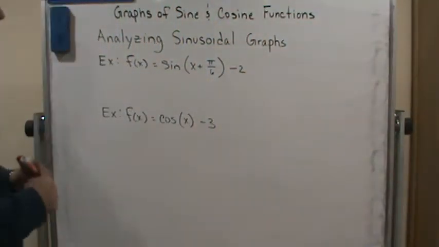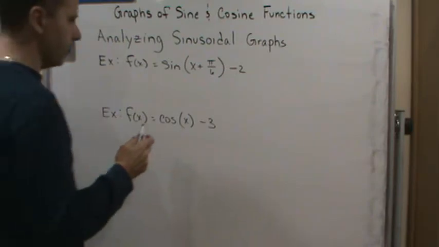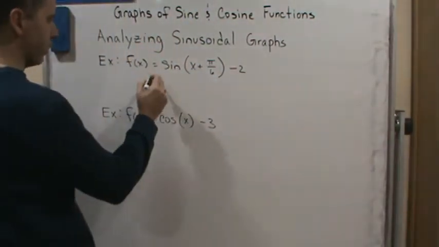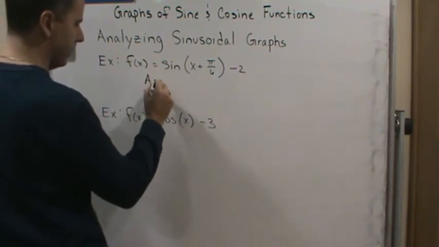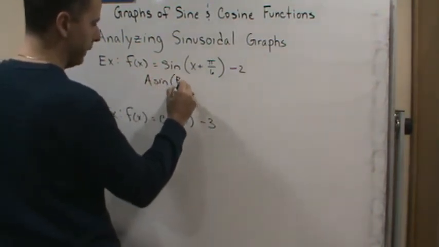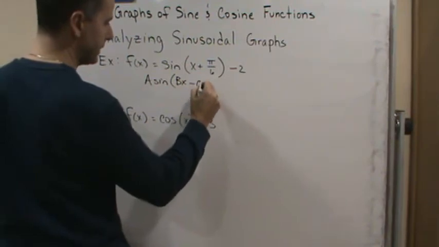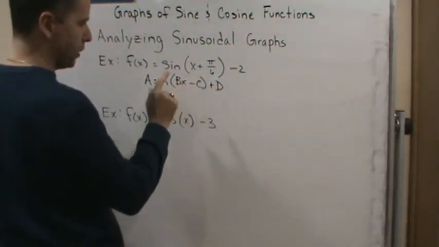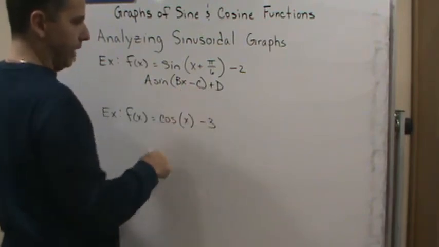Okay, so first of all, remember the general form. If you remember, the general form is a sine of bx minus c, plus d. So what I would do is write this in terms of the minus and the plus.